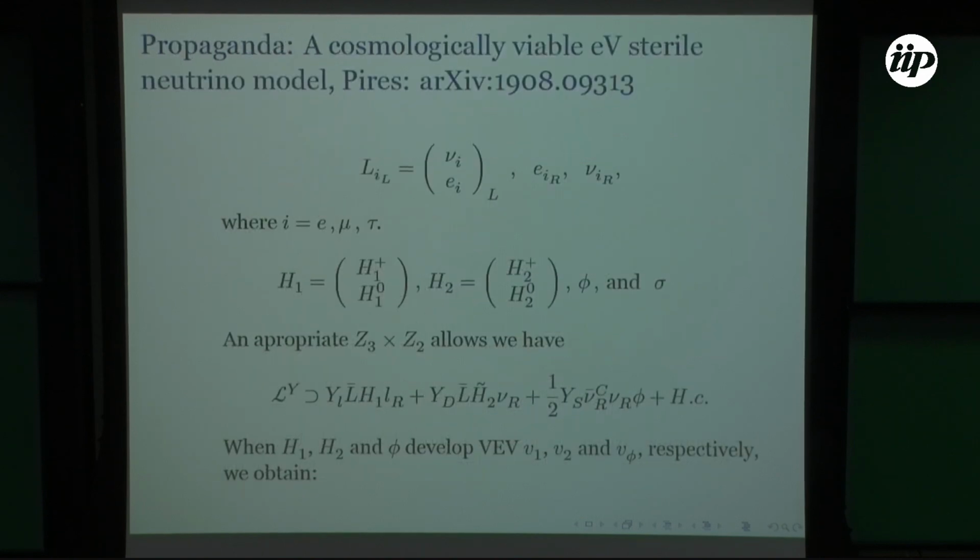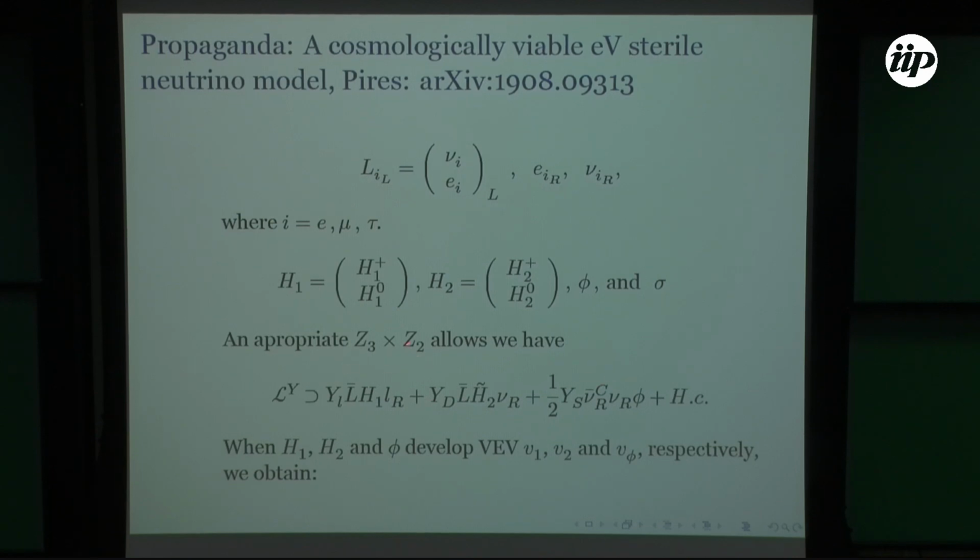So the model is the following: take the standard model, add right-handed neutrinos or sterile neutrinos, add a second scalar doublet and two scalar singlets, and apply an appropriate Z3, Z2 symmetry in such a way to have this Yukawa interaction.